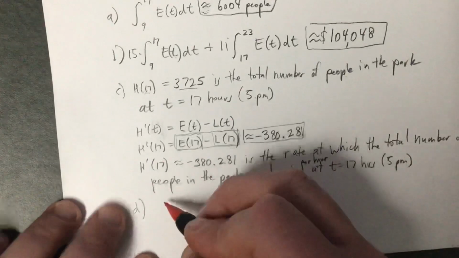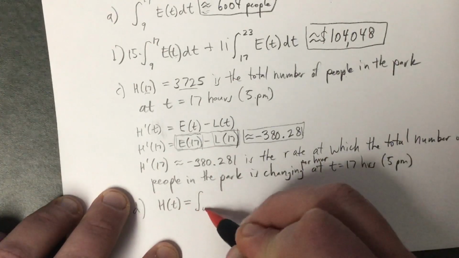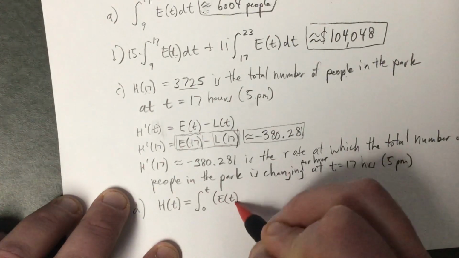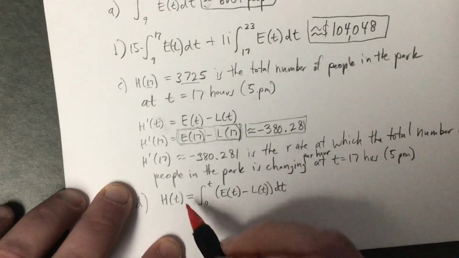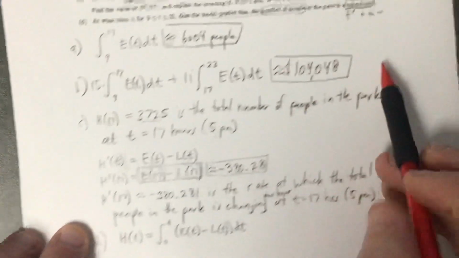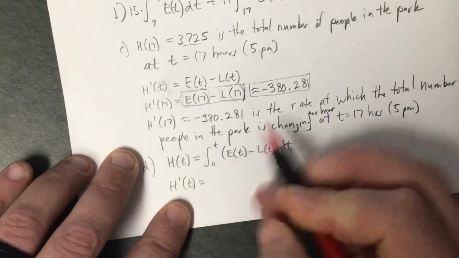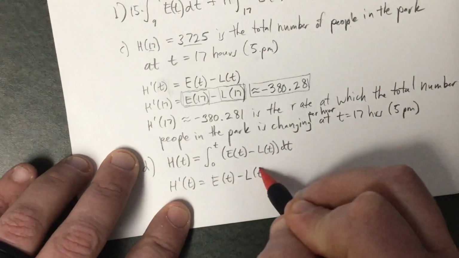So I'm going to start by saying, first of all, the number of people in the park is equal to the integral from 0 to t of E of t minus L of t. And I would find the maximum when the derivative changes from positive to negative. So if I do the derivative, we've already figured out h prime is equal to E of t minus L of t.